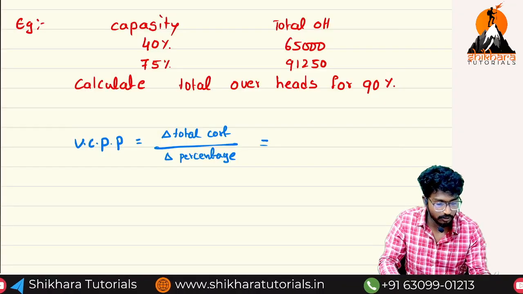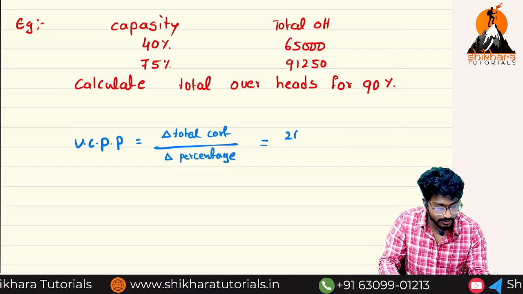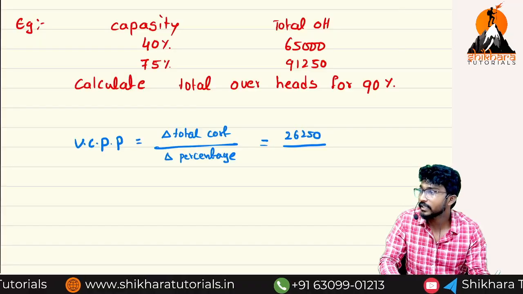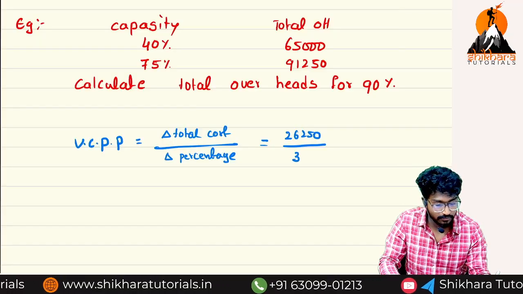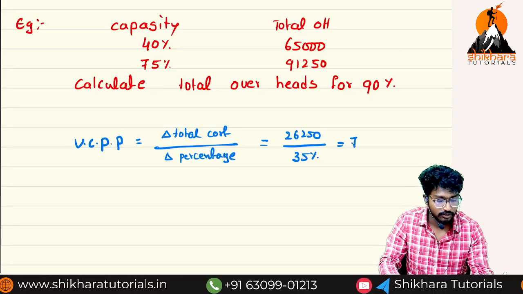What is the change in total cost? 26,250 divided by 35%. Speak loudly. 75,000.